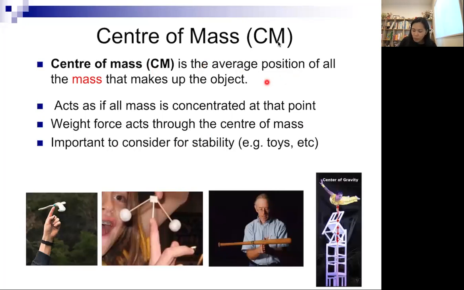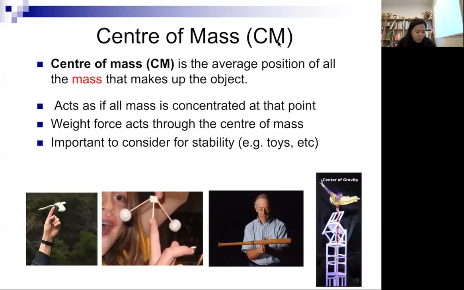So the center of mass is the point where we can consider the object to be just a single point and forget about all the extensions. It's that point where all the mass that makes up an object is concentrated.